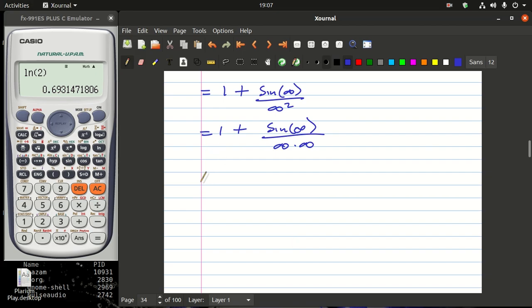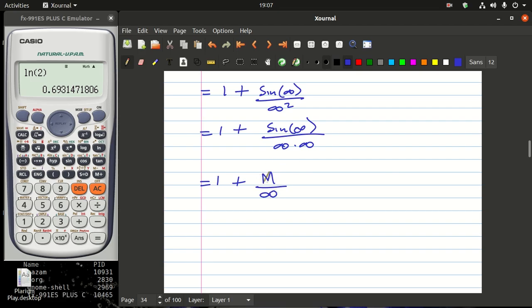So if you look carefully into this, we know that sine of anything is always a value that is between -1 and +1. So I'm going to call that value m. It is a constant m. It can be -1, but I know that this value here is between -1 and +1. And having this infinity times infinity, we know that it is infinity.